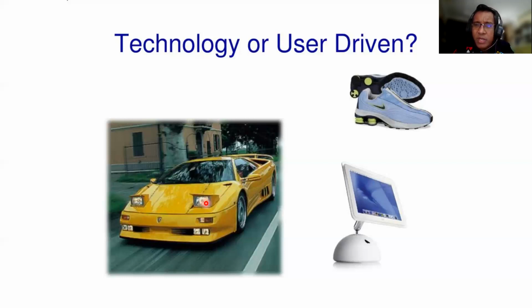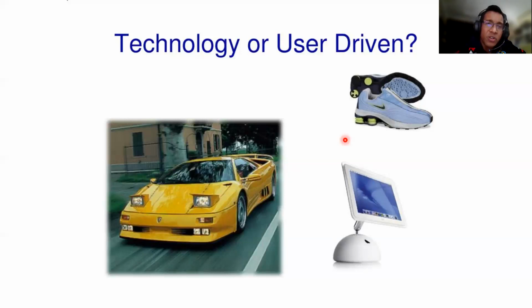So the product becomes more user driven. But this product is actually a technology driven product. Nowadays, some makers may already have that technology, but they focus more on the user driven side.